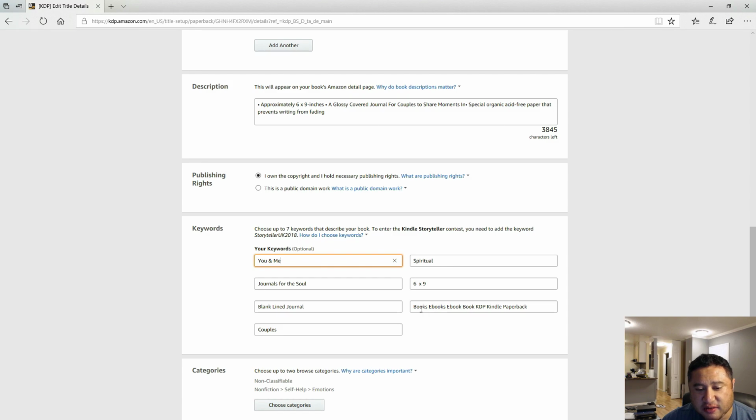What I want to point out is that you are allowed up to 7 words per keyword field. This is completely allowed, completely legal, completely legitimate. I could have even shortened this one, but I want to keep this phrase exact to show specifically for Journals for the Soul. Here I have books, ebooks, ebook, book, KDP, Kindle, paperback.